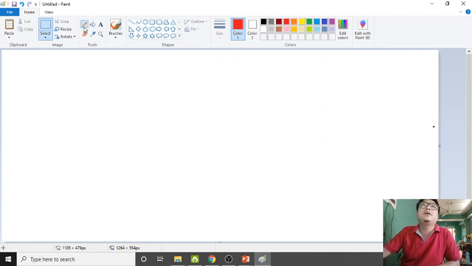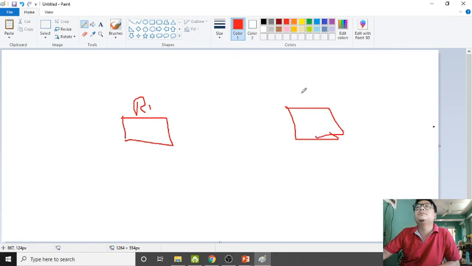Now I'll give you another scenario where you can definitely say there is a deadlock. Suppose there is a resource R1 and another resource R2, and there is a process P1 and another process P2. There is only one instance of R1 and only one instance of R2.